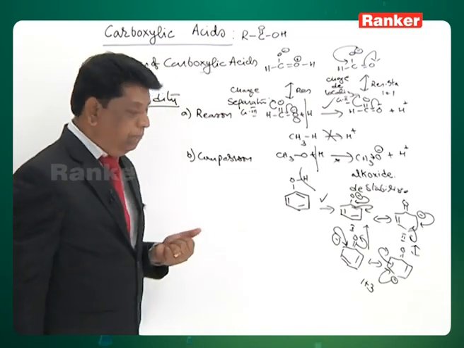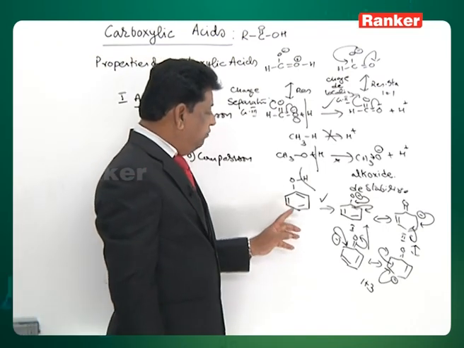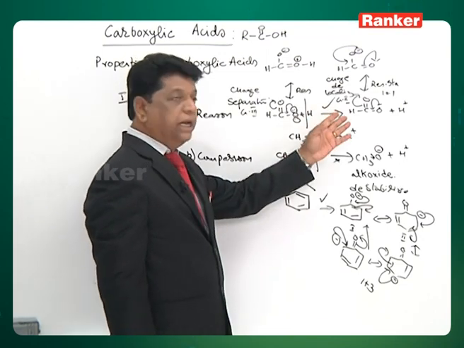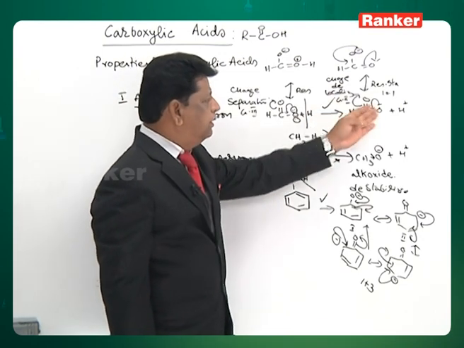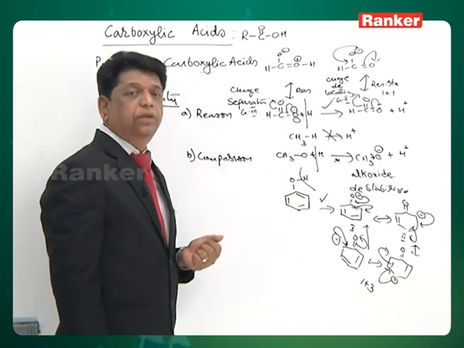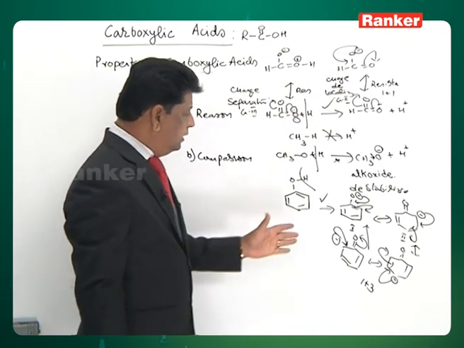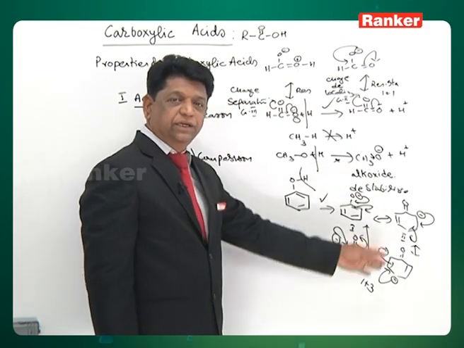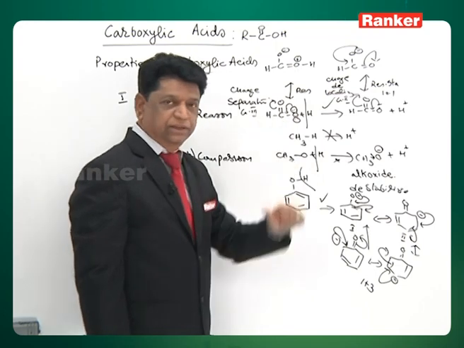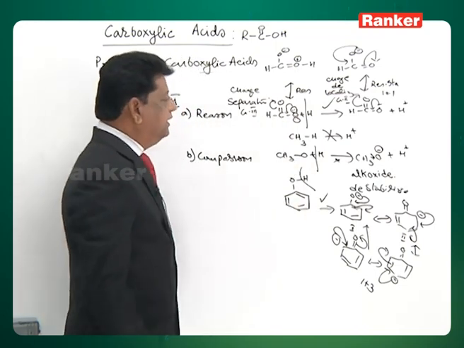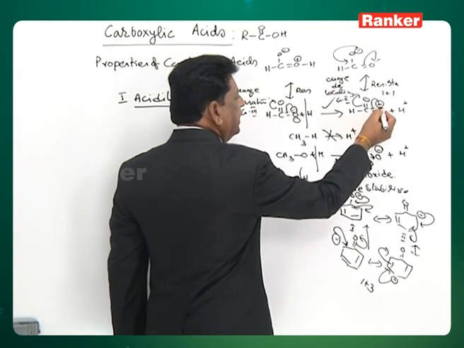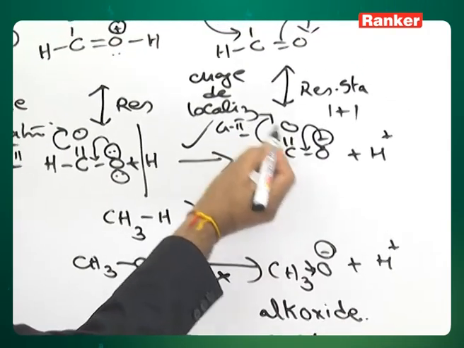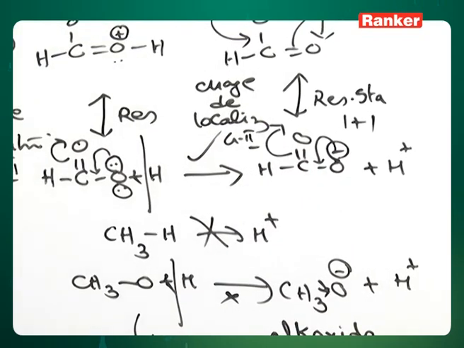Now, theoretically, if I ask a question: the phenoxide has 1 plus 3 resonance structures, the carboxylate or formate anion only 1 plus 1, which resonance is better? Generally people say that 4 structures are there, therefore this is the best resonance, but the fact is that the formate is the best resonance. The reason is that here the O minus is pushing and this is pulling. There is a push-pull effect in fact.